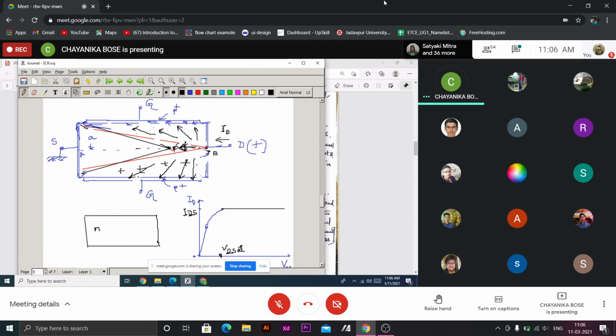N plus emitter. This is the P narrow layer and this is the N collector. I did not draw it narrow purposely because I will draw the depletion region here. So this is negative.